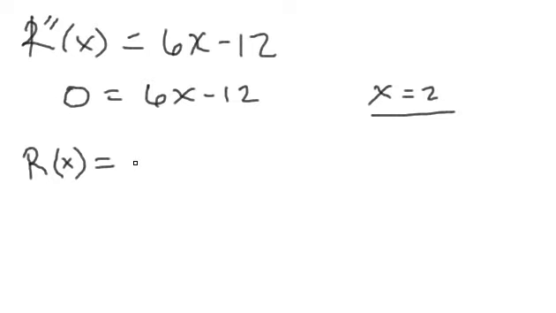So that's going to end up being two cubed minus 6 times 2 squared plus 12 times 2, and after doing the arithmetic here, you should get 8.